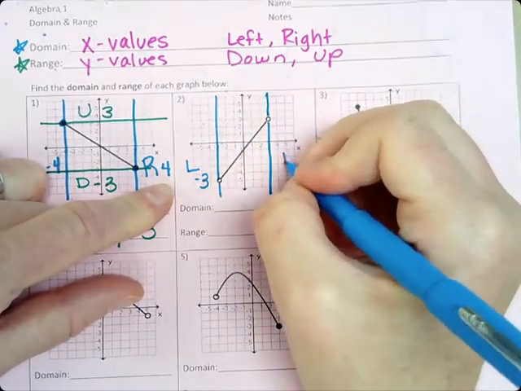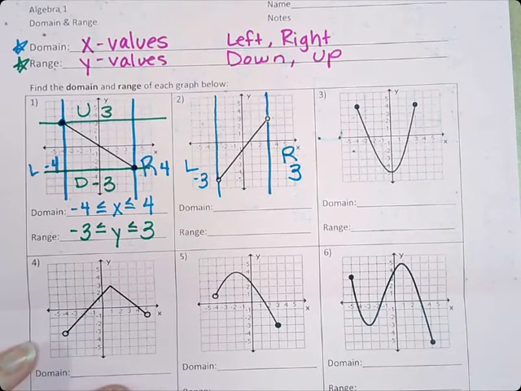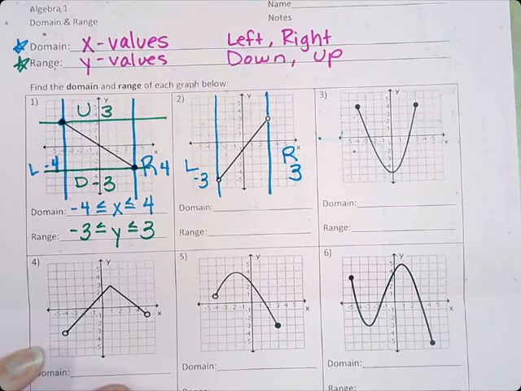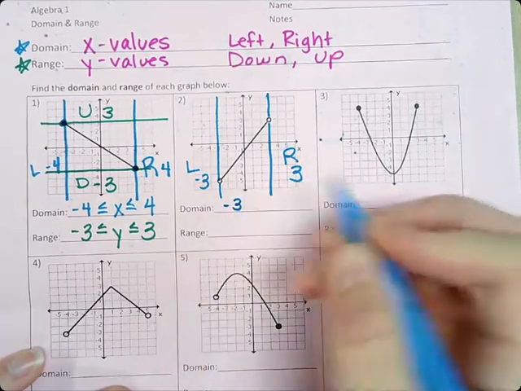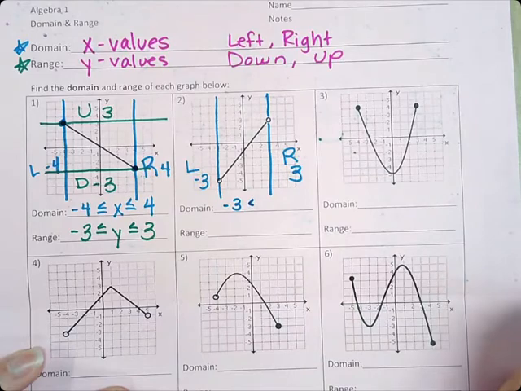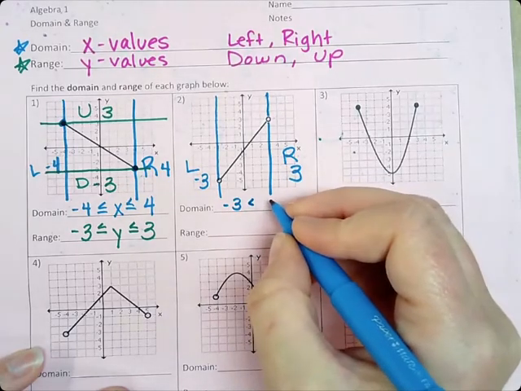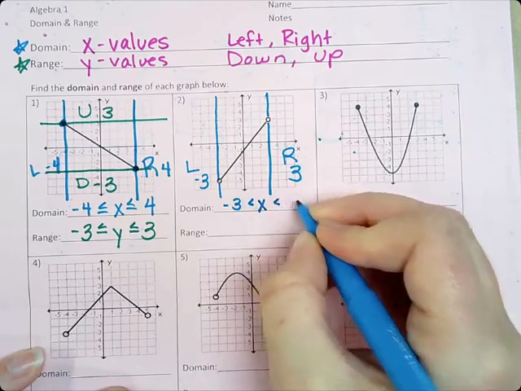Right, +3. So it's -3. It's an open circle, so it doesn't actually touch. So it's going to be less than. And we're dealing with domain, so it's the x values. It's less than 3.